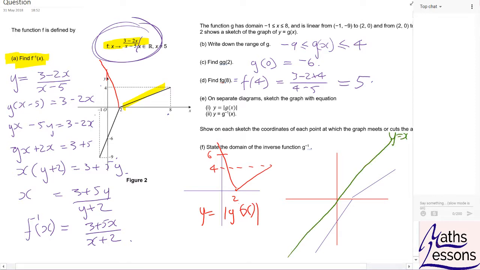So where this is minus 6 here, it will be minus 6 over here, and where this is 2 here, it will be 2 over here. So we're going to get that going like that. Minus 6, 2, and then this goes off over here, and you notice these should be mirror images in the line y equals x.